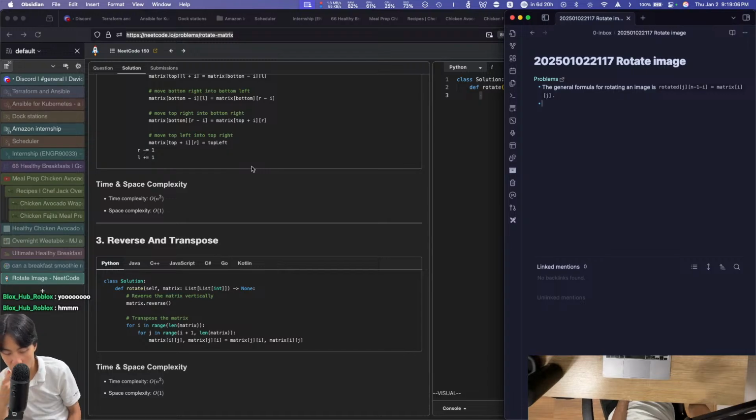Transposing for sure. I can see how that is being transposed. Yes, and you're only doing the top half. For sure. Reverse and transpose make sense. It does make sense. Reverse and then transpose.